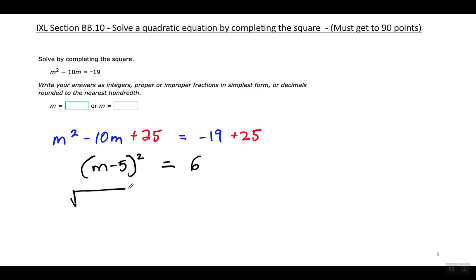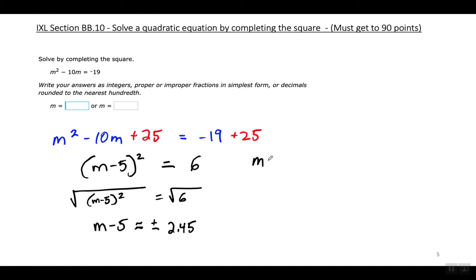Now I'm going to take the square root of both sides. The square root of m minus 5 to the second power is m minus 5. And on the right-hand side, the square root of 6 is approximately 2.45, positive and negative 2.45. So when I move the 5 to the right, it becomes positive.